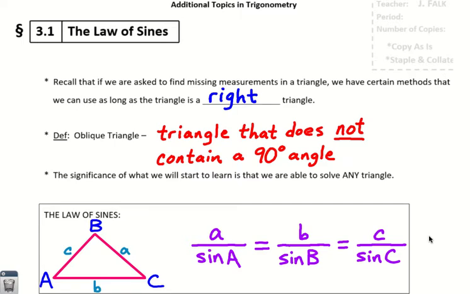And so this formula is essentially what's the word that starts with P? When two fractions are equal to each other, that can be called a proportion. So for example, we could say side A over the sine of A equals side B over the sine of B. And of course, it would be angle A and angle B.